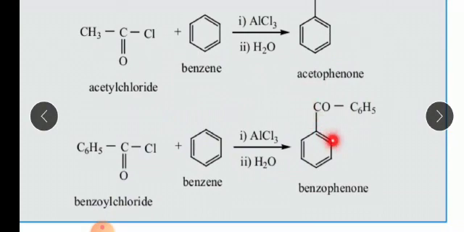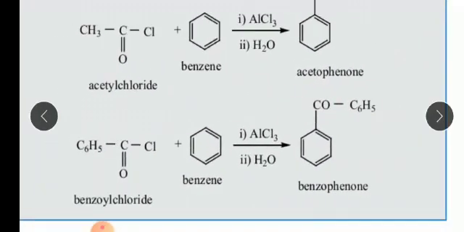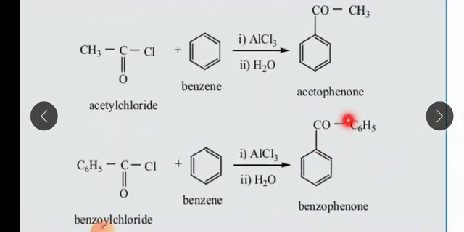So now we get the benzene ring along with CO, the ketone compound, C6H5. So here one phenyl, once again here one phenyl. So this is the benzophenone compound. So this is preparation of phenyl ketone compounds. Next we can see in the next video.